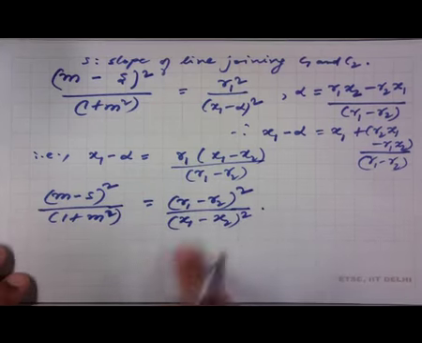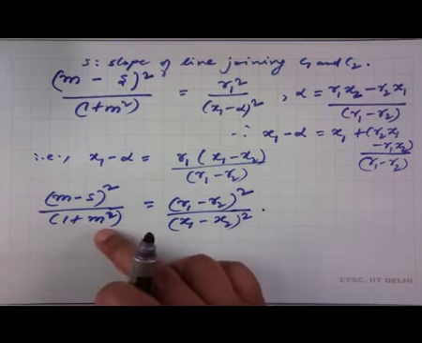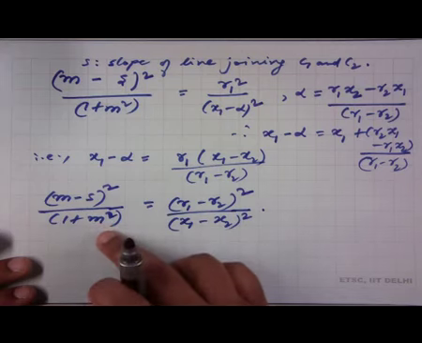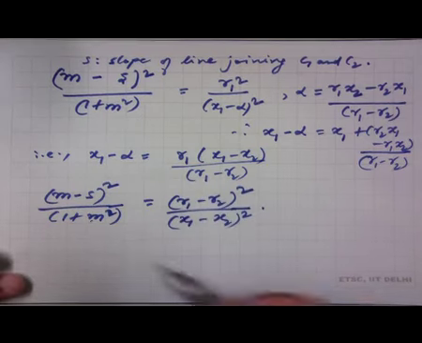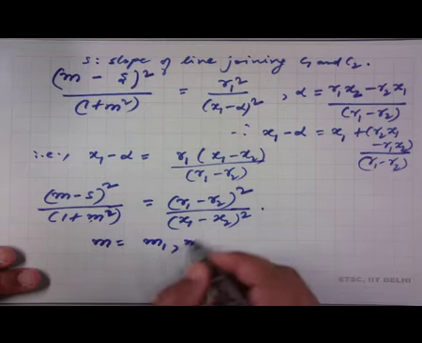And then if we rearrange this, what we actually get is a quadratic equation in m, and in this case there will be two real roots, which means there are two different values of the slope. Once we solve this, we will get m equal to m1 and m equal to m2.